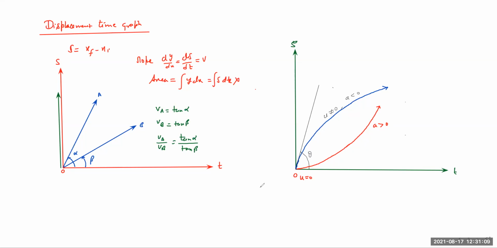Now, if I say that it's a parabola, it means a will be constant. So you need to remember that if a is constant, the shape must be a parabola.